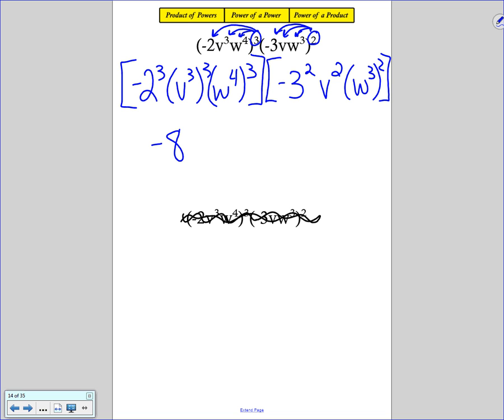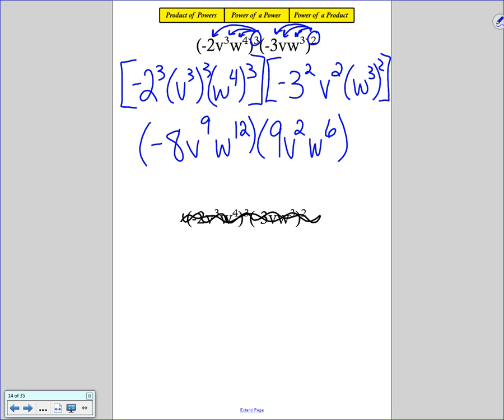V cubed cubed is v to the 9th. Multiply the exponents. And w to the 4th cubed is w to the 12th. Negative 3 squared is 9. V squared, we leave the same, and w cubed squared is w to the 6th power.